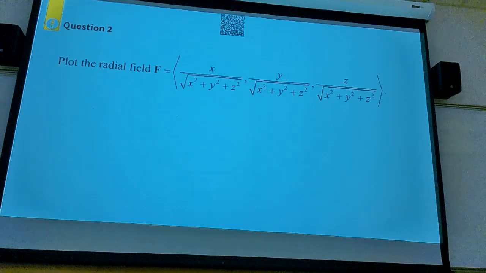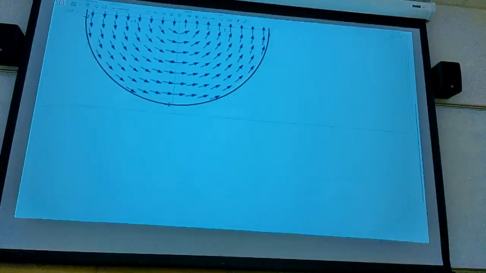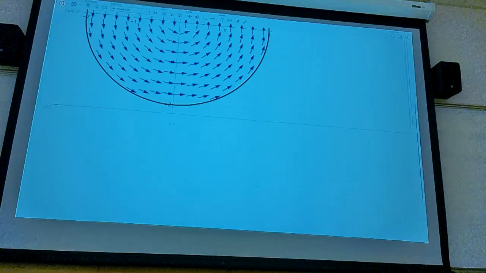This one's a bit more pain because it's 3D. This time it's just the vector plot 3D, and it's the same kind of idea. You have to put in your 3 components.